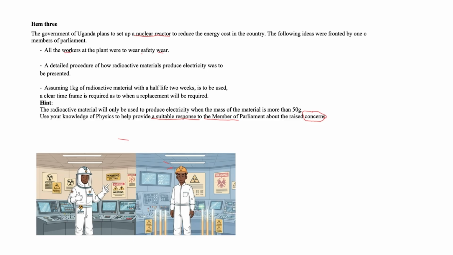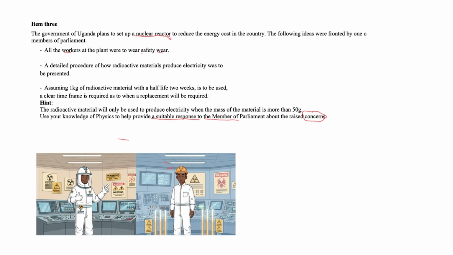Before we dig deep into this concern, let us first look at what a nuclear reactor is and what is really done in the nuclear reactor. This is going to enable us to find out why these workers are requested to wear safety wear when they are at the plant.